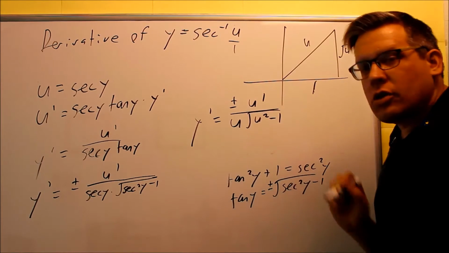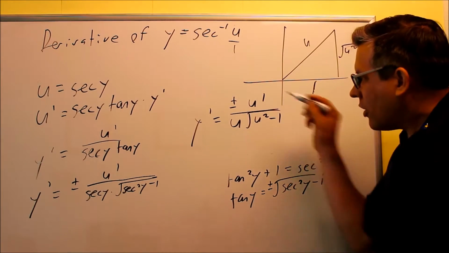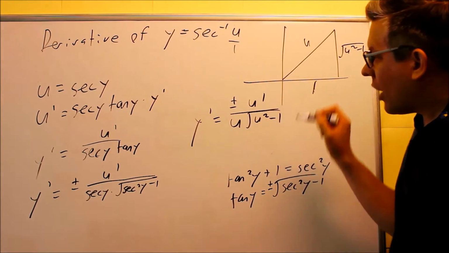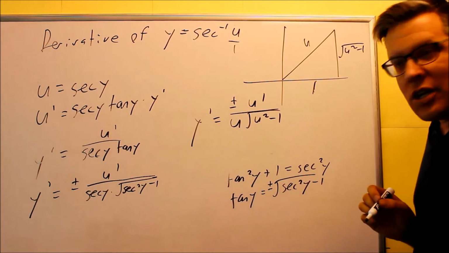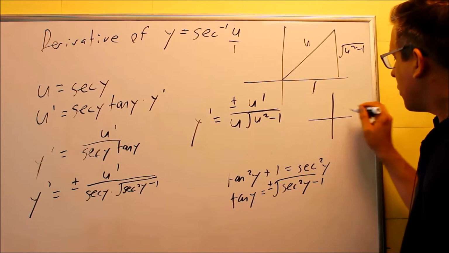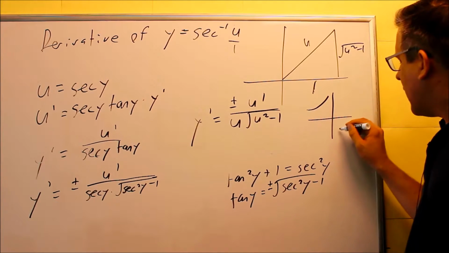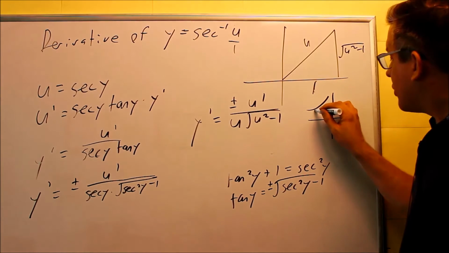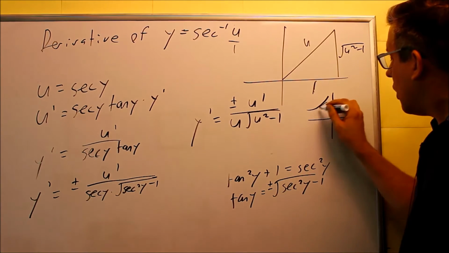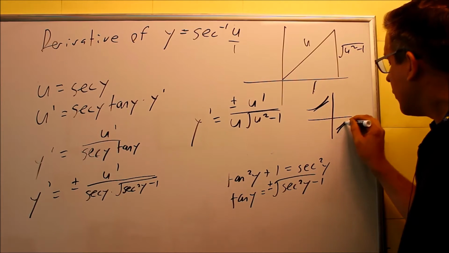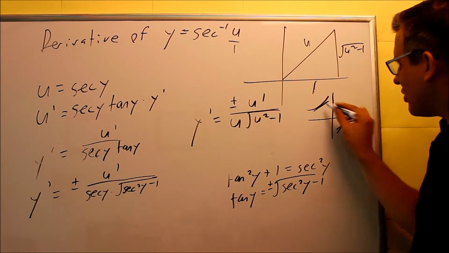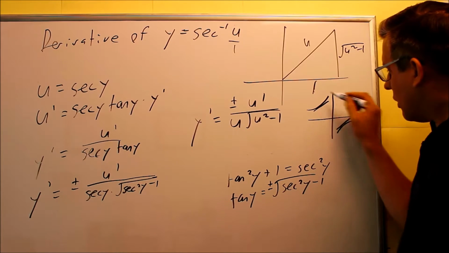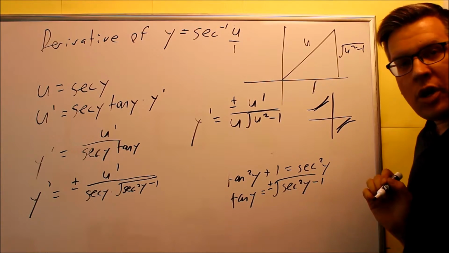So what are we going to do about the plus or minus? Okay, this is where you have to take a look at the graph. And if you look at the graph of inverse secant, it kind of looks something like this, where you have something like that and you have another one like this. Now if we take a look at the slopes of all these, because remember that your derivative is the same thing as a slope, tangent line here is both positive. So therefore I know that this is always going to be positive no matter what.